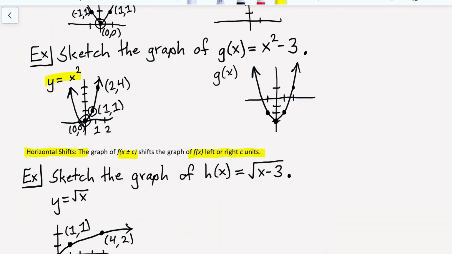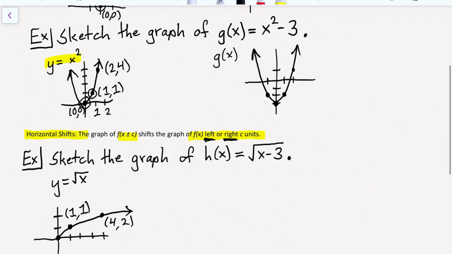And in some ways, the action here is counterintuitive for x. If we add a value to x, the graph is actually moving to the left that number of units. If we subtract a value from x, the graph is moving to the right that number of units.